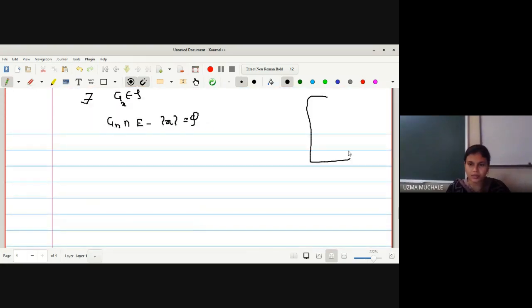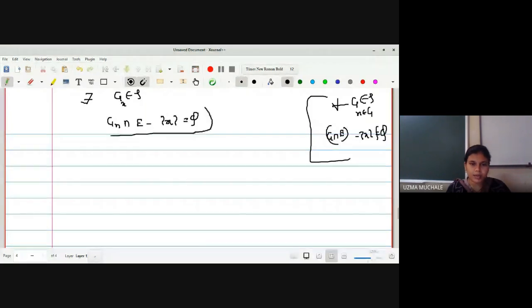What is the definition of the limit point? For all open sets G containing X, we should verify the condition G intersection E minus singleton X is non-empty. But instead of for all, the condition will change to there exists if we are checking for not a limit point, and this not equal to empty set will change to equal to empty set.